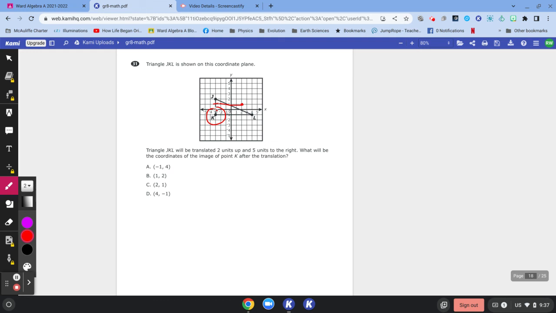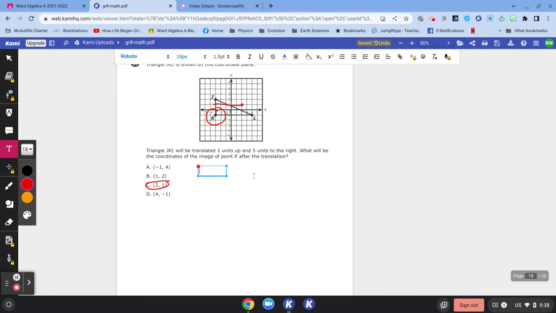Now, you can use the graph up to and over 5, and you'll find our point, which is at 2, 1. We can find 2, 1 in here, and that's the answer. The other way you could do it is this. We can just identify our point K, our original point, which is at -3, -1.